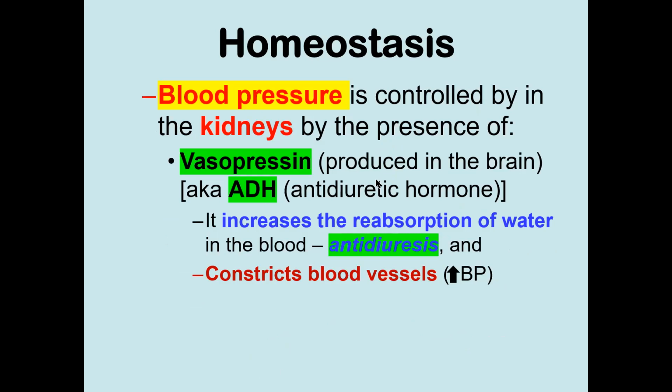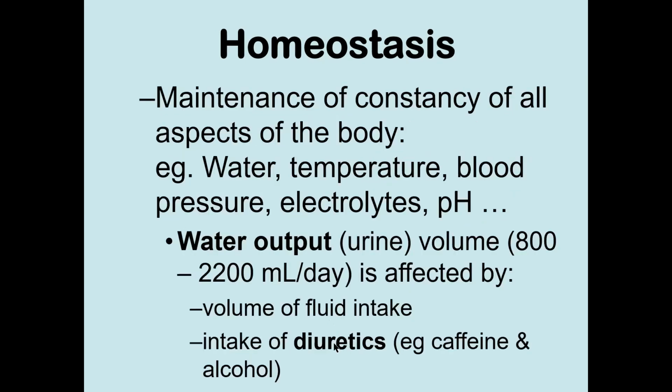Now, blood pressure is actually controlled by the body, by the kidney in the body. So we have this hormone called vasopressin. It's produced in the brain, and it's also known as antidiuretic hormone, ADH. Now, a diuretic is this, the caffeine or the alcohol.